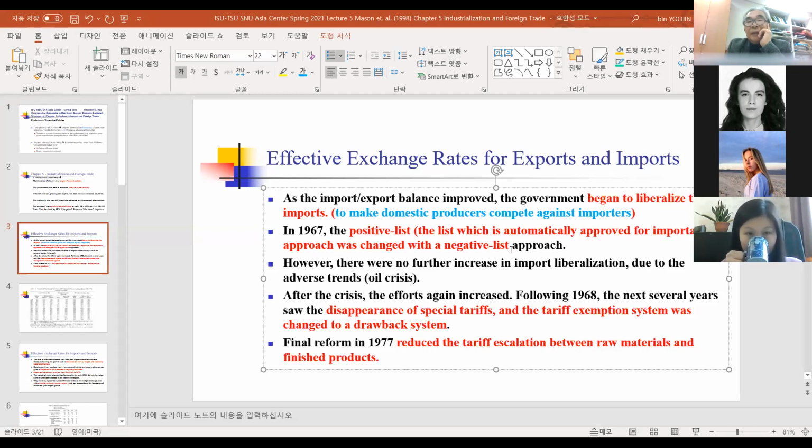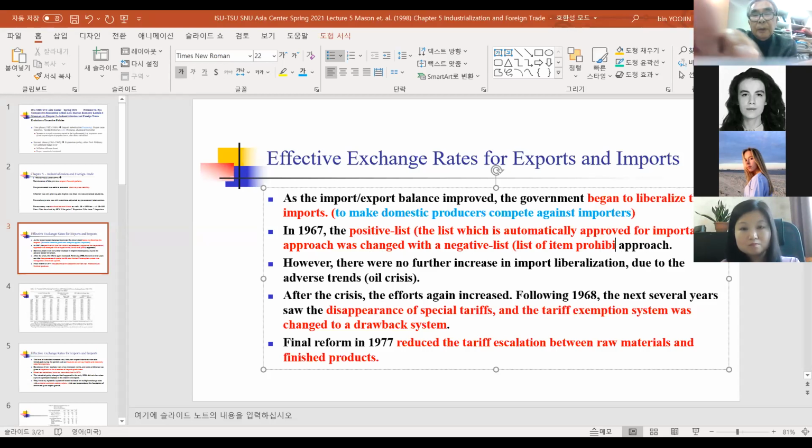What is a negative list approach? Negative means just the opposite. You only list items prohibited from import.